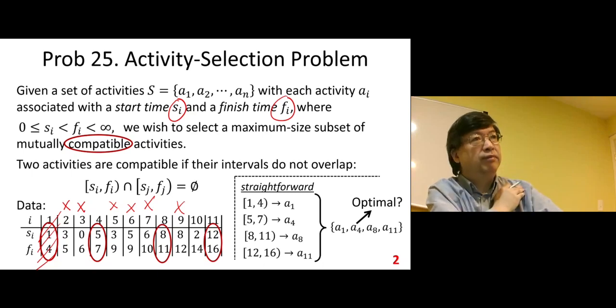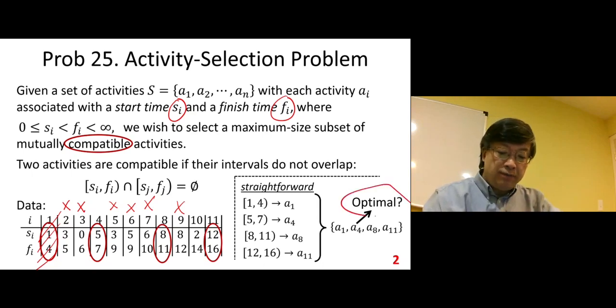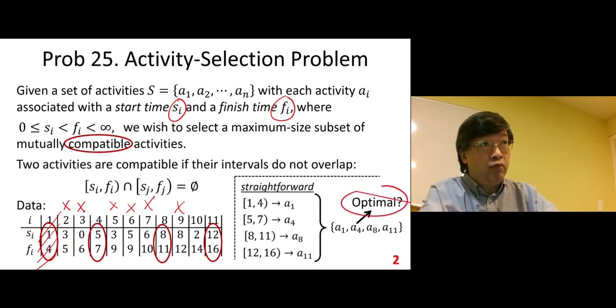We may have multiple optimal solutions, but we only need one of them. We need to convince people. That step is really hard.